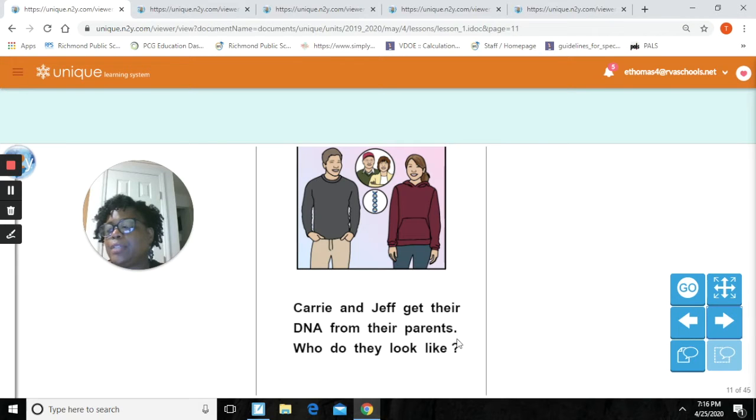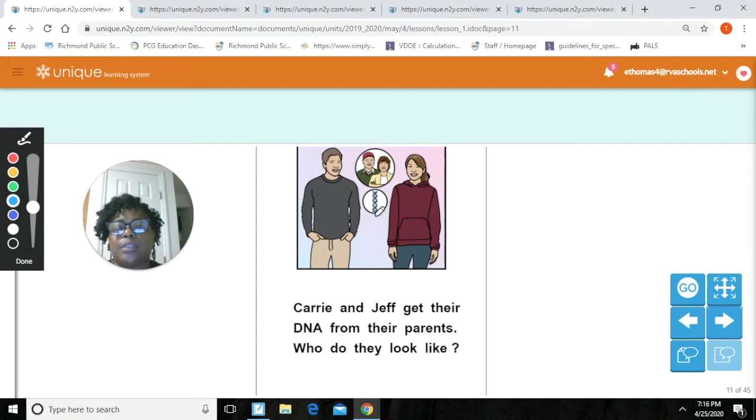Now, there's a picture of Carrie and Jeff and their parents. And the symbol right here, see the symbol here? There's a symbol. I'm going to just put a dot there for DNA. The text says Carrie and Jeff get DNA from their parents. Okay, now I want you to think about your parents, okay?